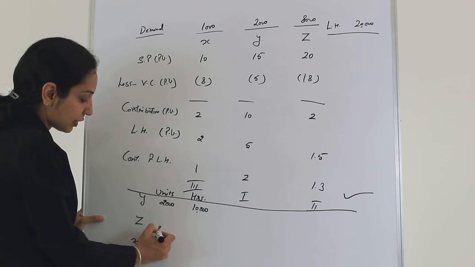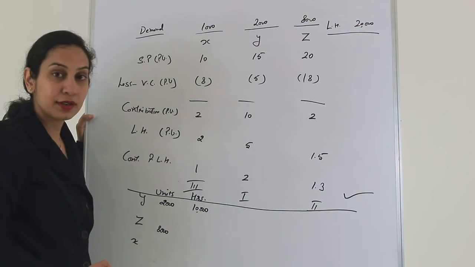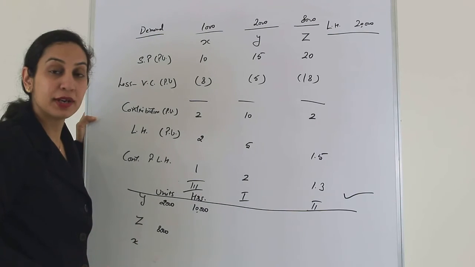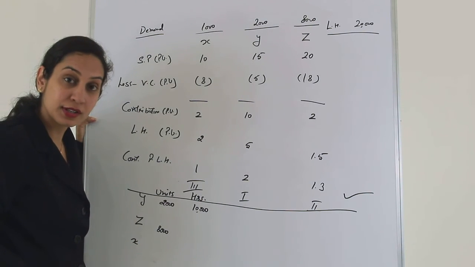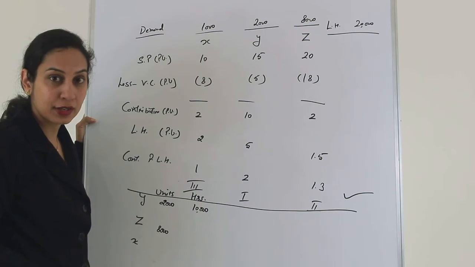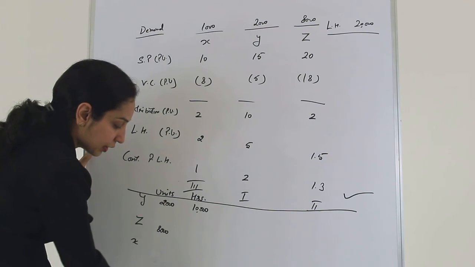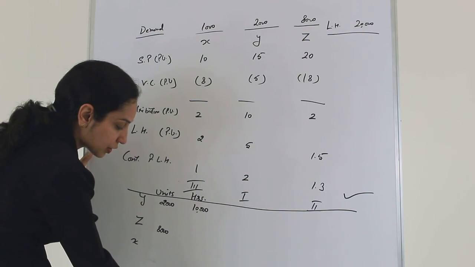Come to Z. We need 8,000 units of Z, and my total requirement of hours for Z is how much? 1.5 multiplied by 8,000, that is 12,000. But my total availability is only 20,000 hours.